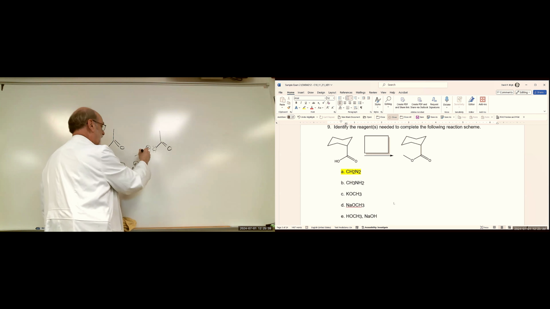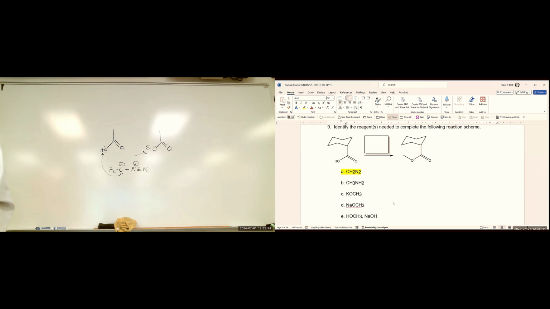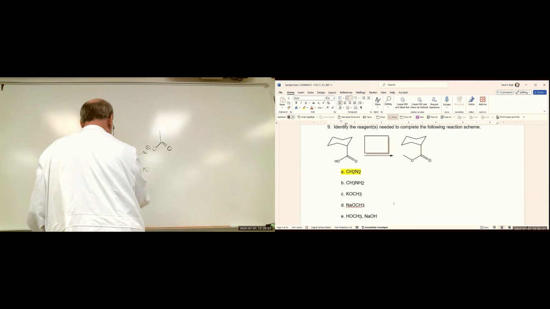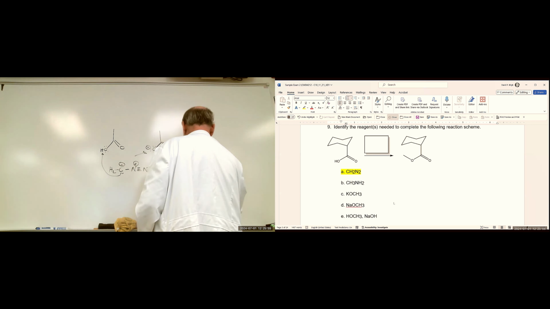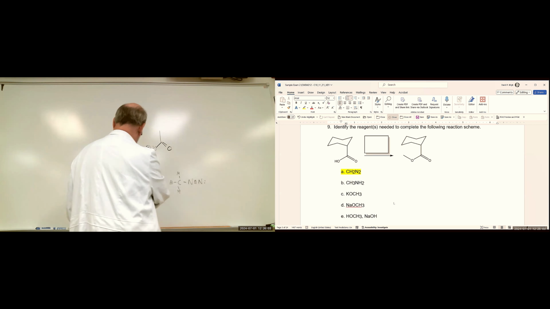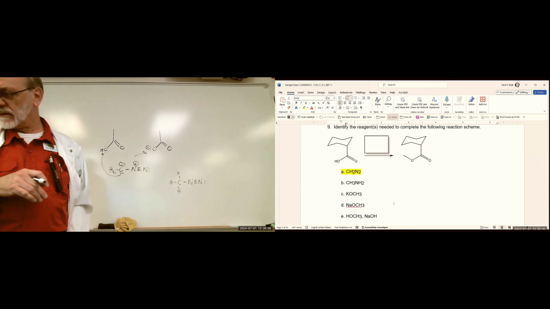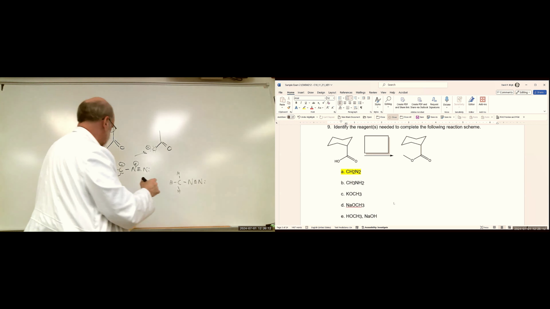Now what that's going to do is go back and attack. Now that this one has an extra hydrogen on it, we've got these 3 hydrogens here. Now it doesn't have negative charge anymore, but this one is still positive.